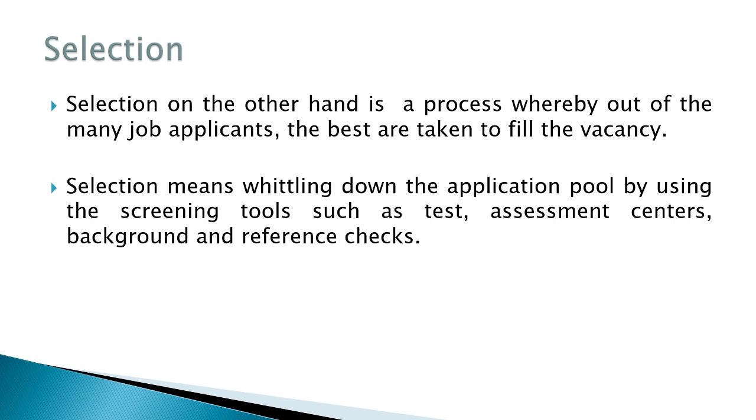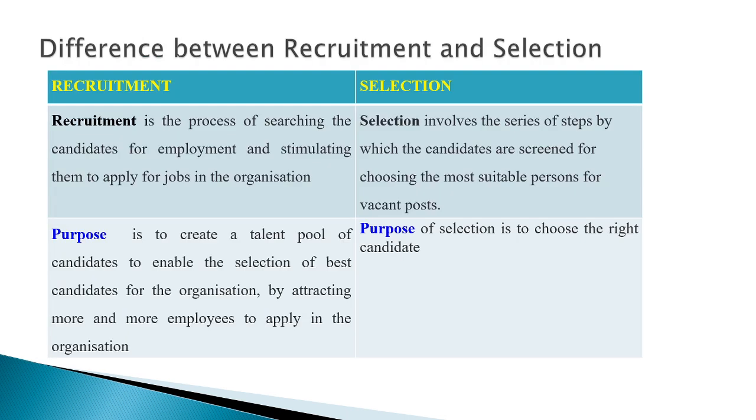So what is the difference between the two? Typically, recruitment is the process of searching the candidates for employment, whereas selection involves a series of steps by which the candidates are screened for choosing the most suitable candidate for the vacant position. The moment recruitment ends, the selection begins.